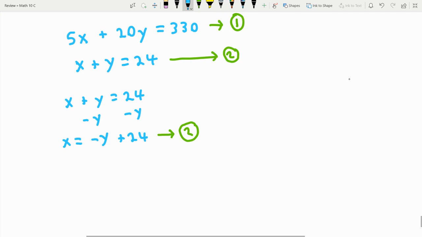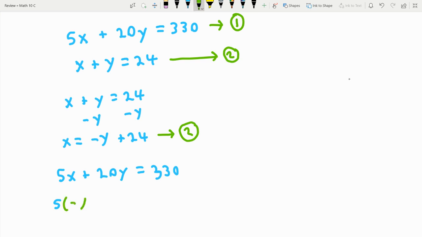So I have 5x plus 20y equal to 330. Let's plug in my value of x. I have 5 times the bracket of minus y plus 24, close the bracket, plus 20y equals $330.